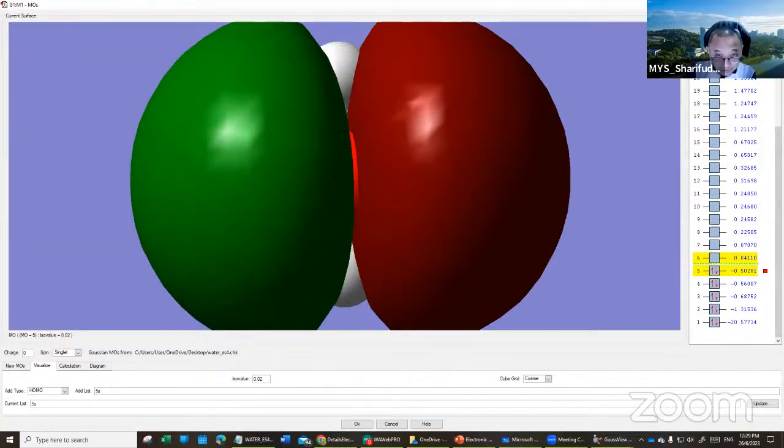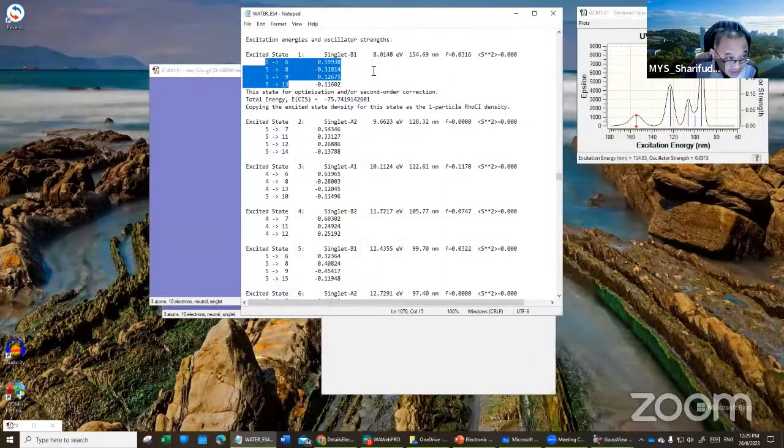So the transition, if you look at the listing again, is actually from 5 to 6. That's the first transition. It involves the A1 to B1 transition, electrons going from 5 to 6. How much electron is actually going from 5 to 6? The what do you call that? The Pekali, what is it in English?